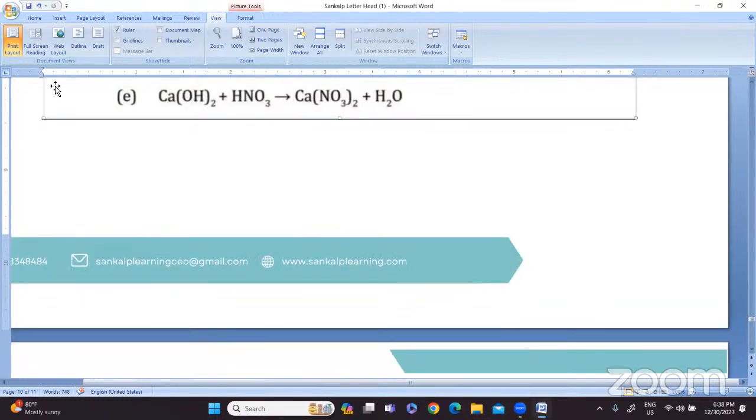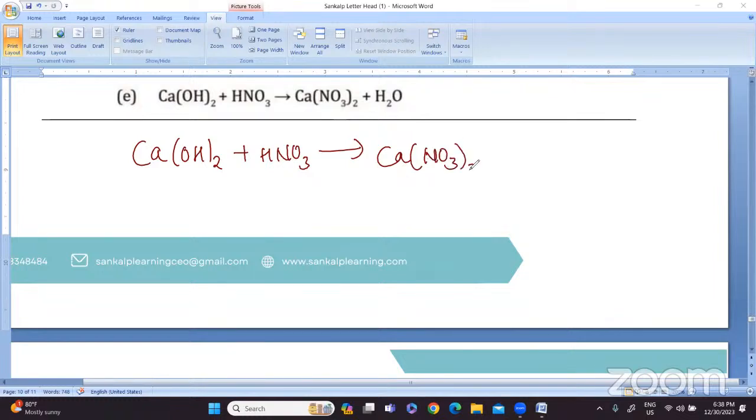Okay, E last, calcium hydroxide plus HNO3 giving you calcium nitrate plus H2O. Okay. So left hand side and RHS. So left hand side calcium, oxygen, hydrogen, nitrogen.